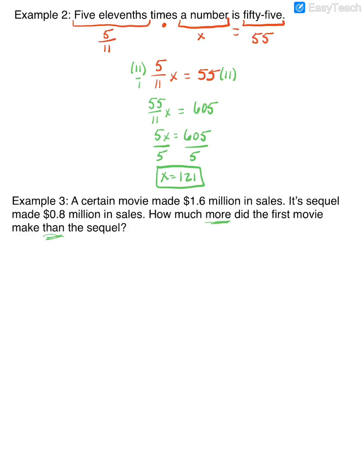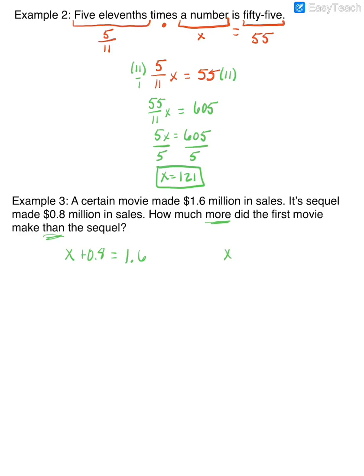So here, one way of writing this would be, well, if you know that the first movie is more than, now we're not going to use any inequalities, but you can write 1.6, and that will equal whatever is missing plus the amount of the second movie or the sequel. Solve it that way.